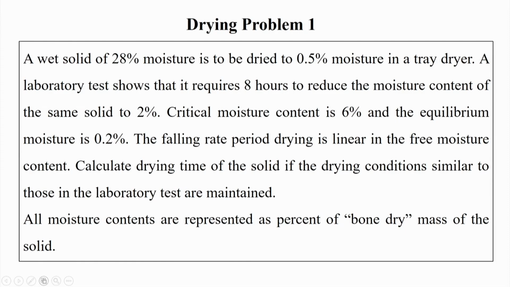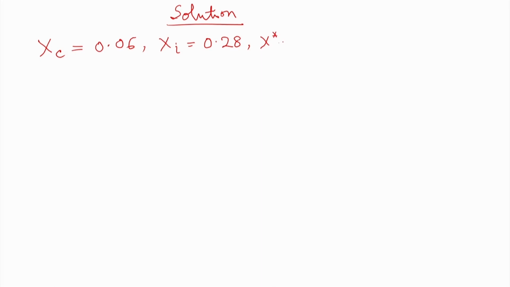So, this is a very simple problem, we just need to gather the information, and from there we will get the total drying time. For the solution, we need to write these values: x_c is equal to 0.06, then x_i is equal to the initial moisture content 28%, so 0.28, and the equilibrium moisture content, given as 0.2%, so 0.002.